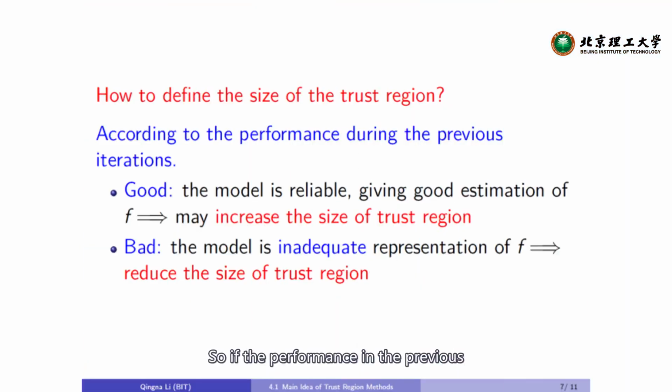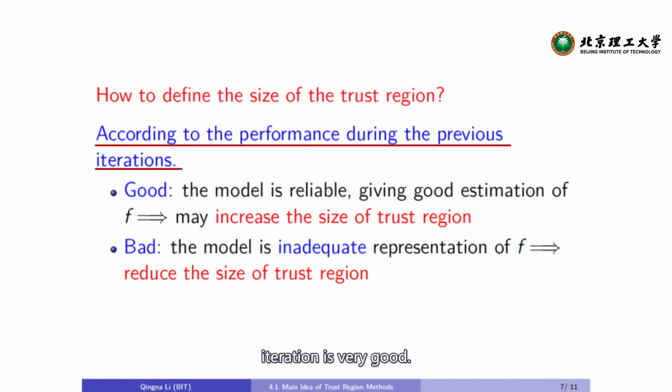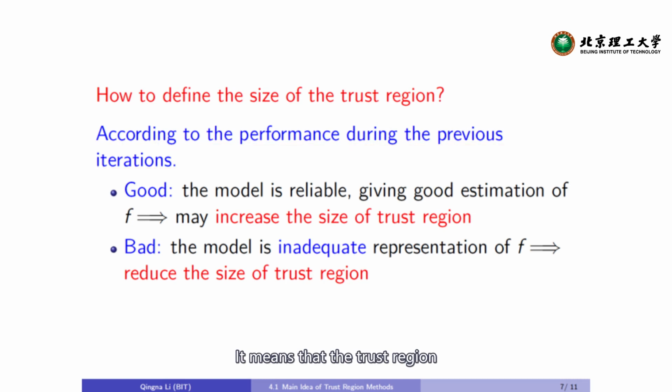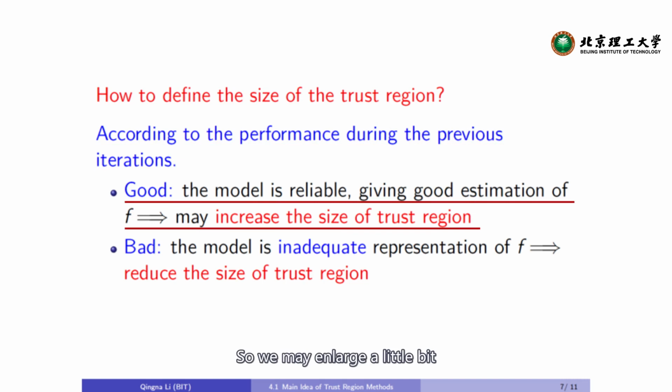If the performance in the previous iteration is very good, it means that the trust region at the moment is very good. So we may enlarge it a little bit in the next iteration.